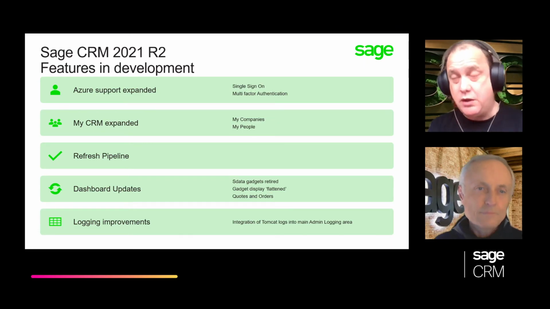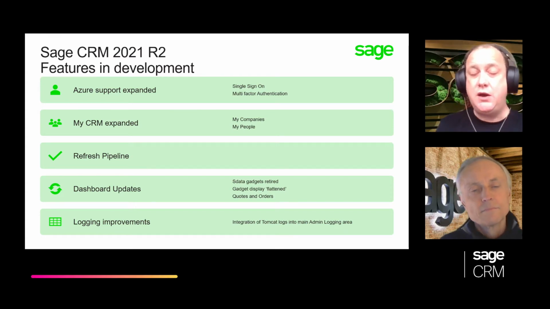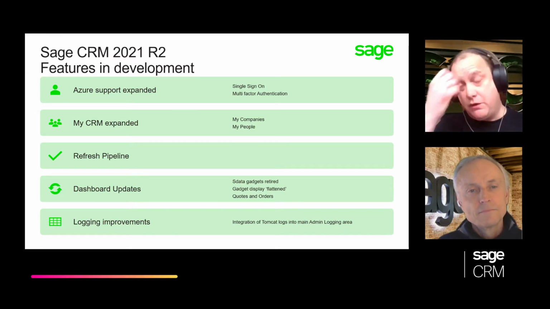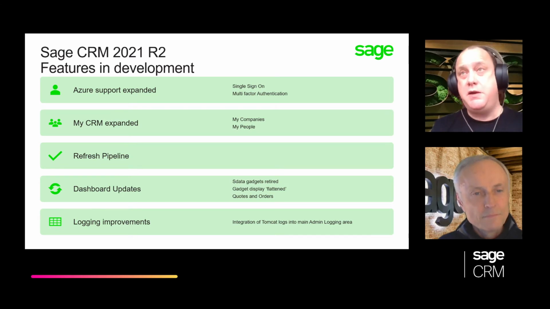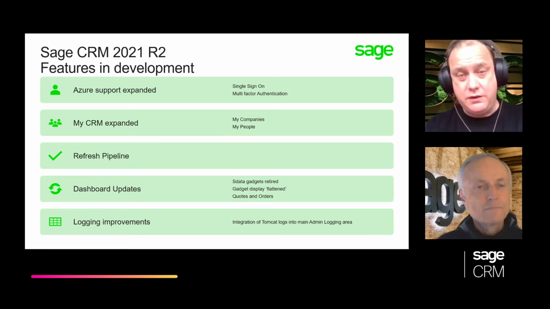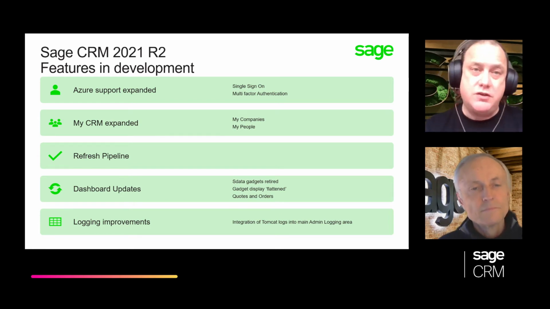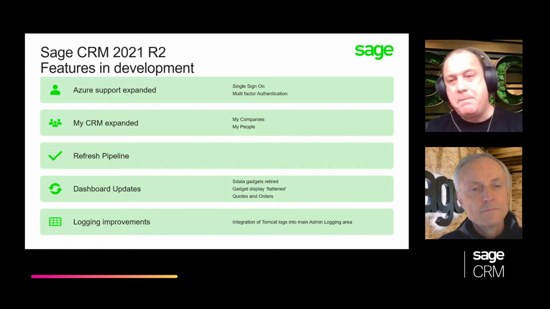So we're doing more work around Azure. We're going to be making sure that in 2021 R2 we can offer single sign-on with Azure, and multi-factor authentication with Azure as well. And this is all integration with Azure Active Directory.